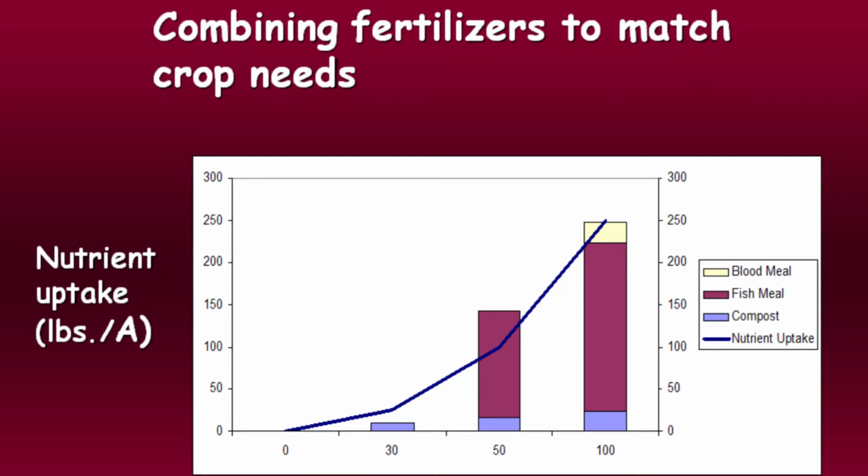So we didn't give it anything in the beginning, and at day 30 we've added a little bit of compost. We're still less than the demand, so our corn is already hurting.